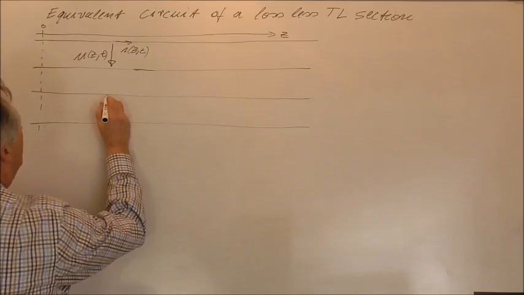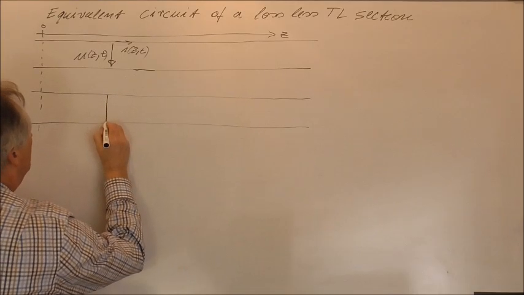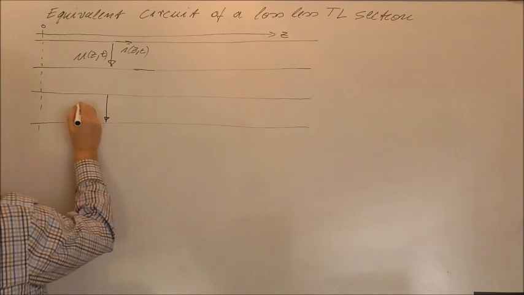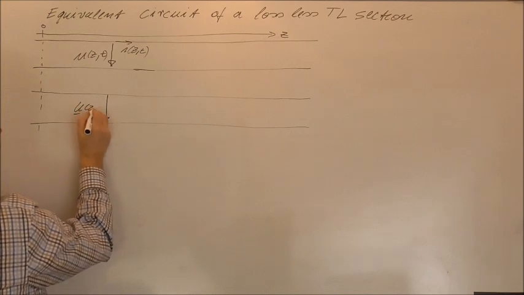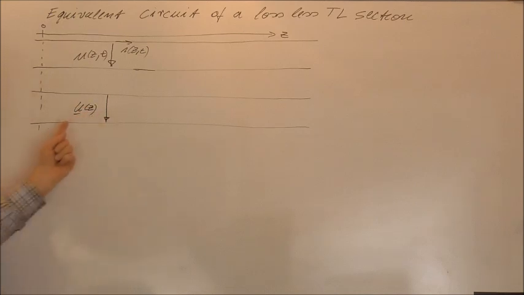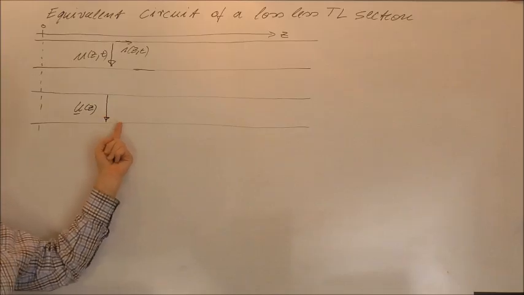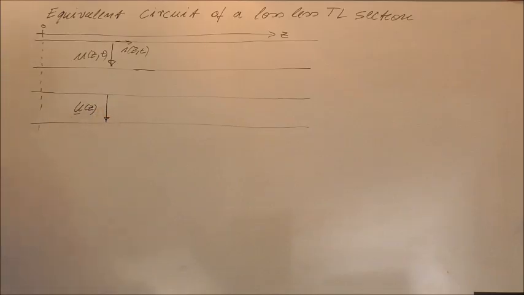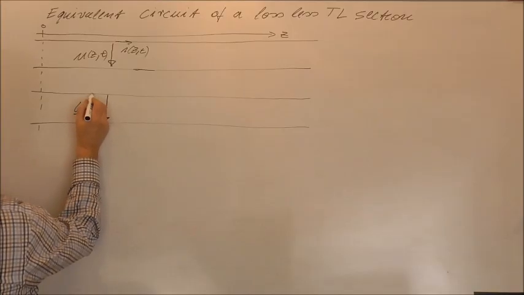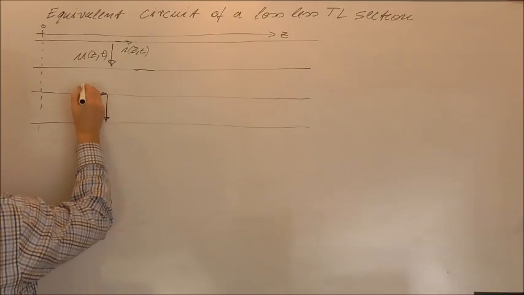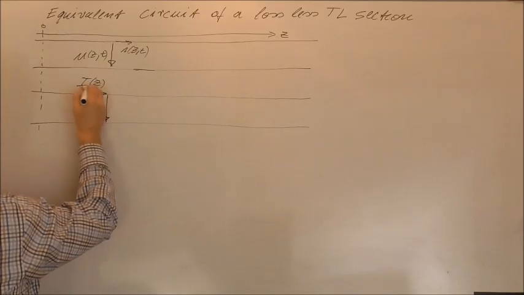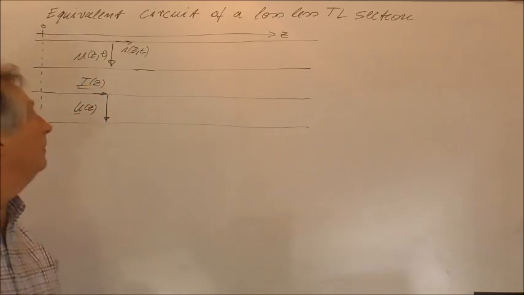This results in that we now use phasors to describe, for example, the voltage at a certain point in space. So we have the voltage at a certain z coordinate, and here we will also have a current flowing at this z coordinate, which is also of course a phasor.